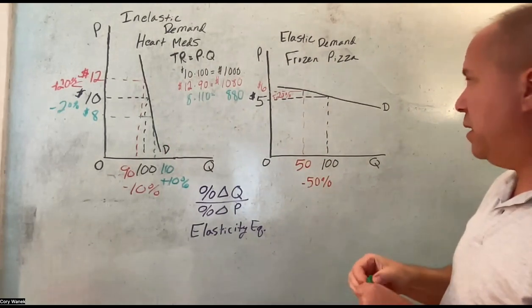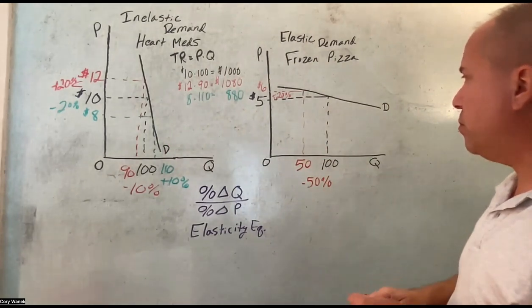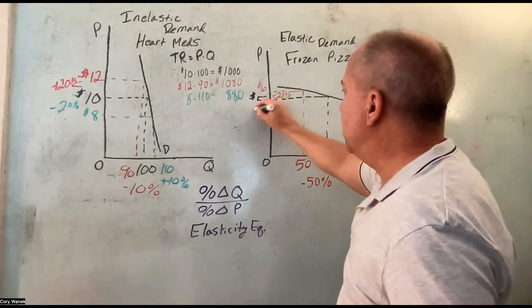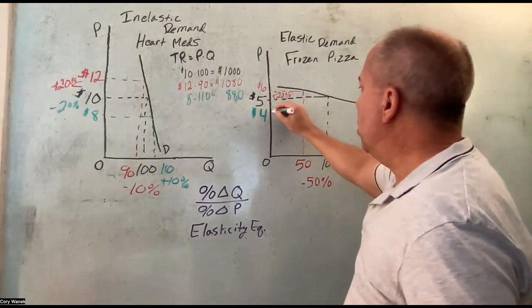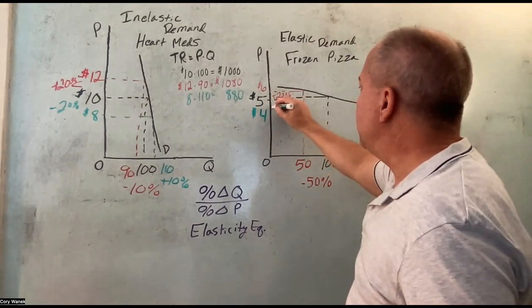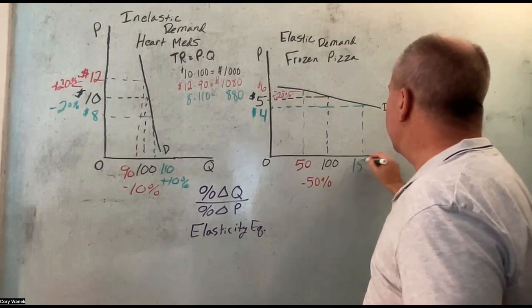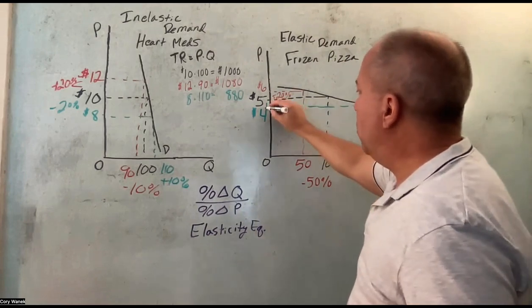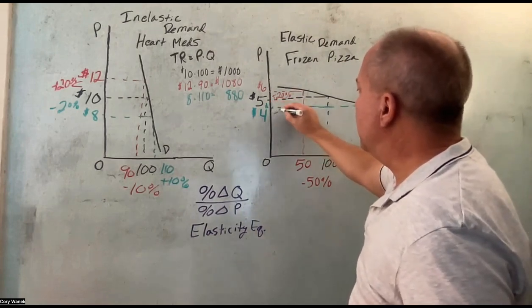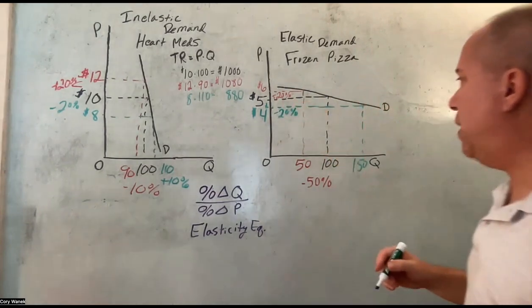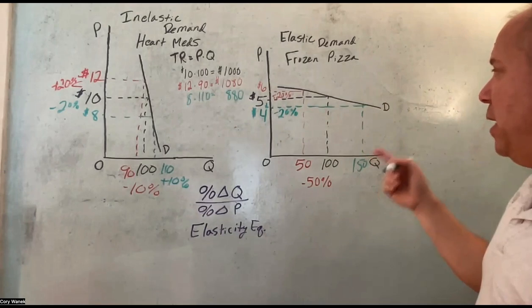On the other hand, we lower the price from $5 to $4. So we're lowering the price 20%. $1 of $5, that's how much it went down by, is 20%.